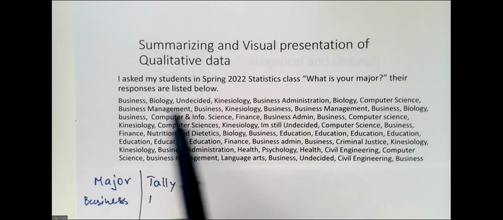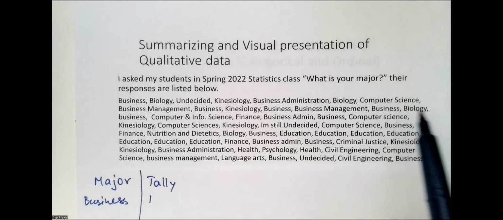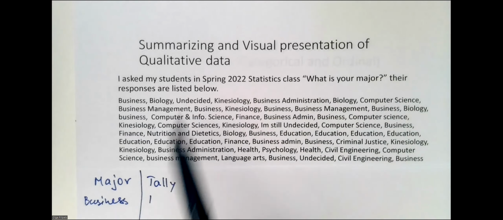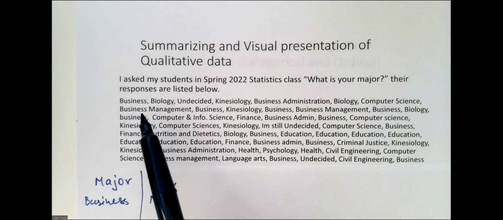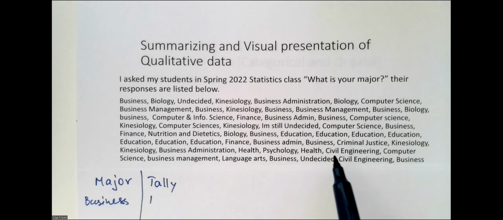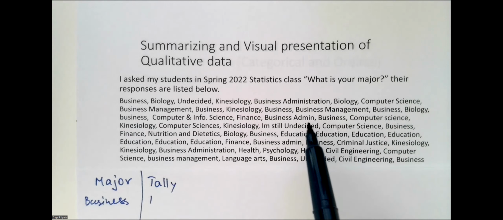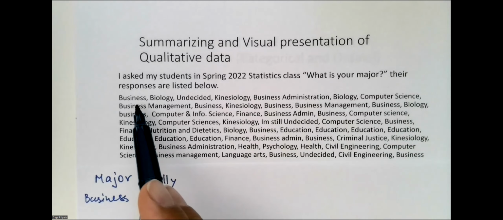So as you could see, I have more of the business majors, but I'm gonna actually go down the list and just put a tally mark each time I come across this major. Also, I'm gonna combine the business management, what else? There's some business admin as business. Okay. And so so far I have only one.